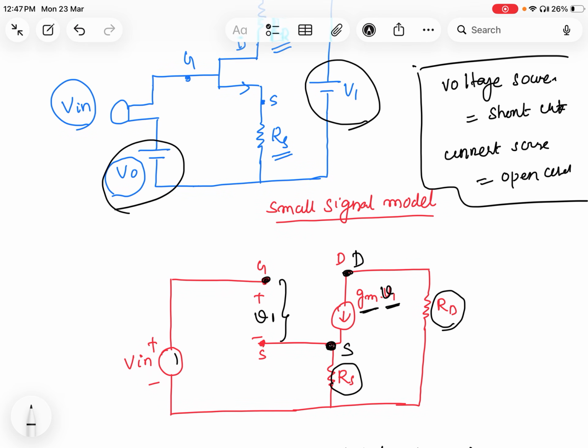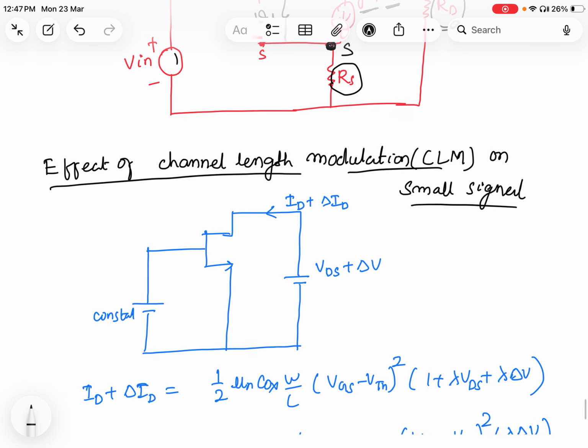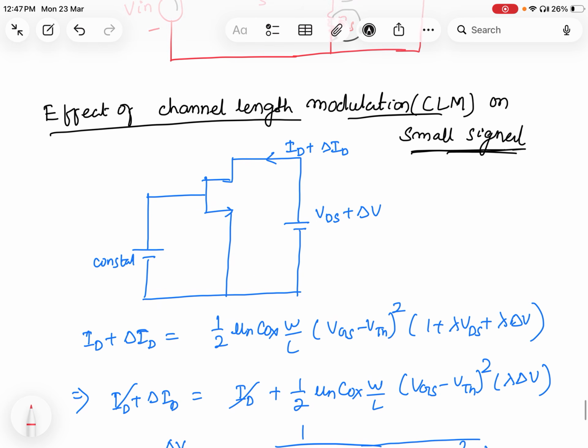Now the voltage across gate to source will be multiplied with the transconductance to get the drain current. Okay, now we will come to whether there is any effect of channel length modulation on the small signal analysis or not.